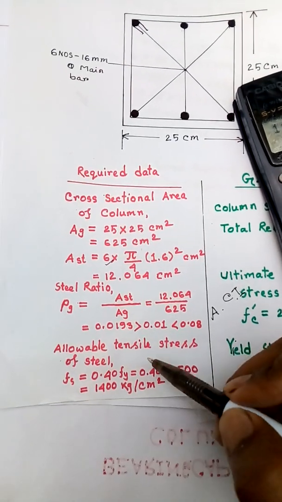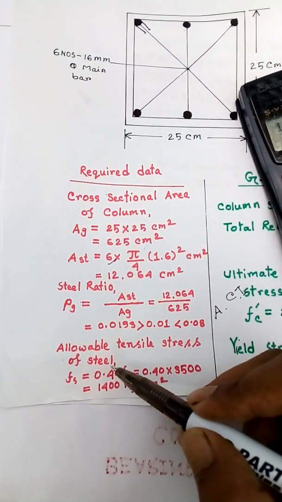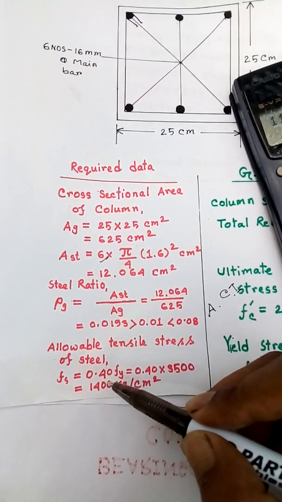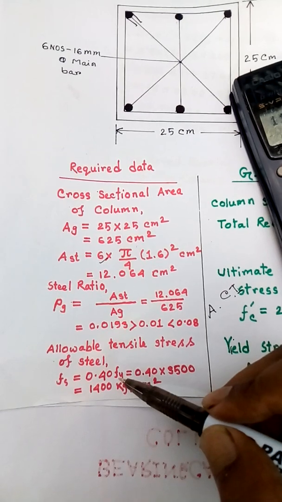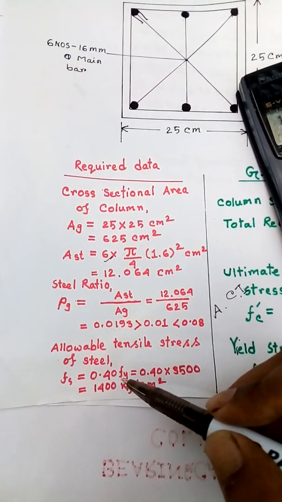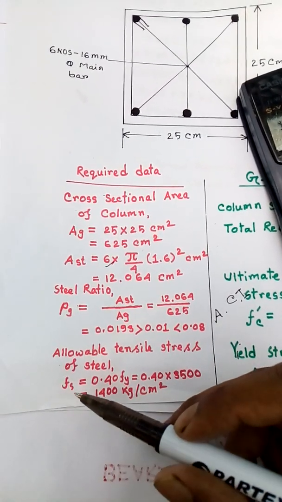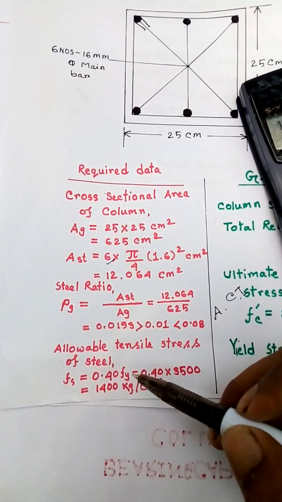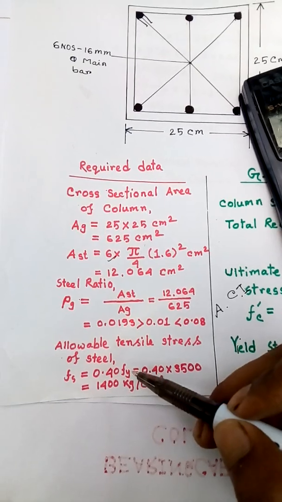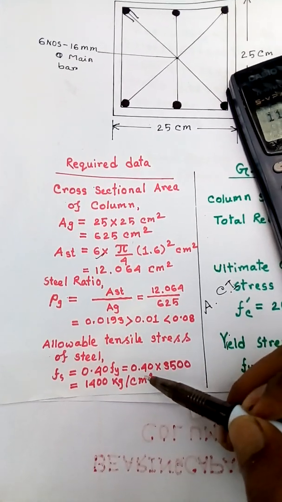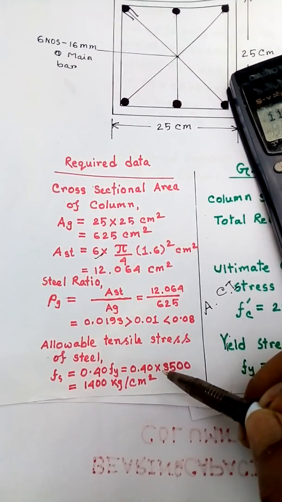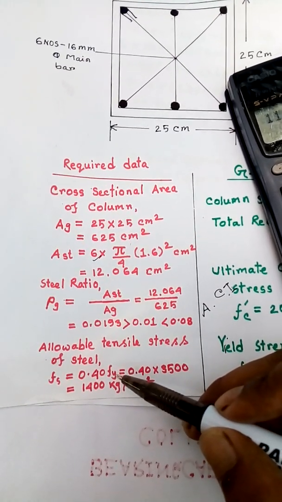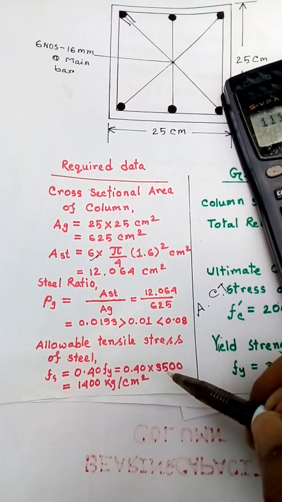Allowable tensile stress of steel Fs equal to 0.4 into Fy. That means the allowable tensile stress of steel is 40% of the yield strength of steel. 0.4 into the value of yield strength of steel, 3500.